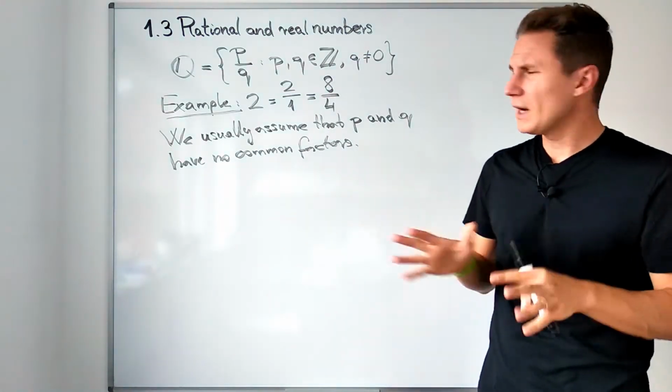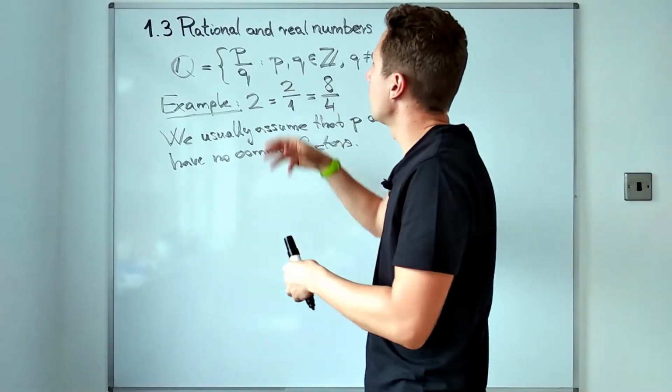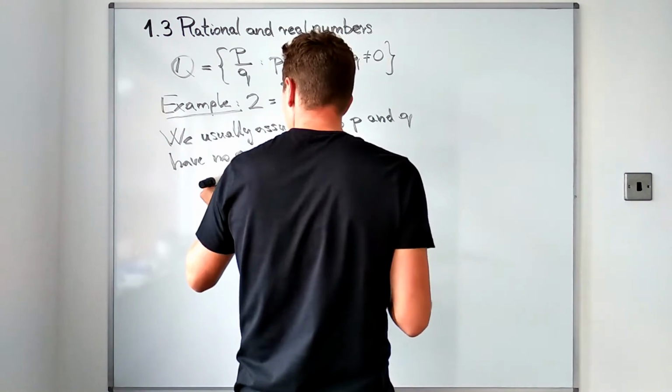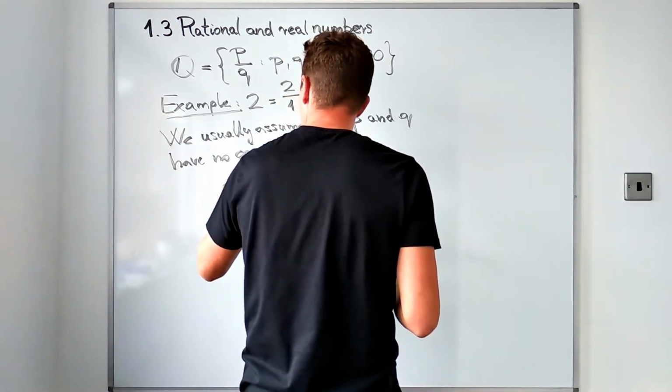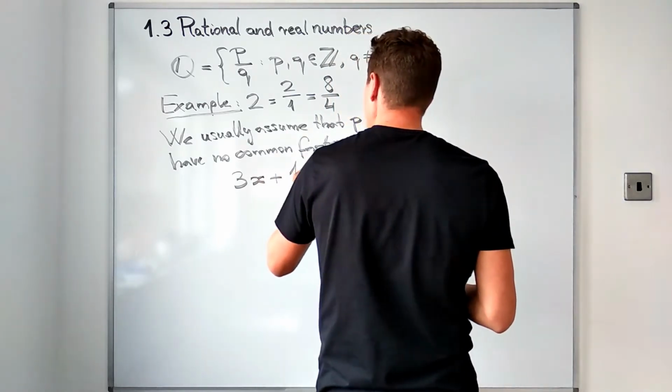So I should make a remark at this point. How do we see rational numbers introduced? Well, they usually pop up as solutions to linear equations.